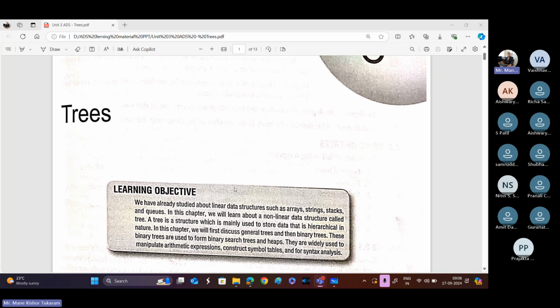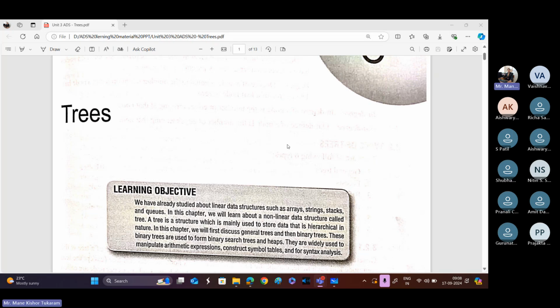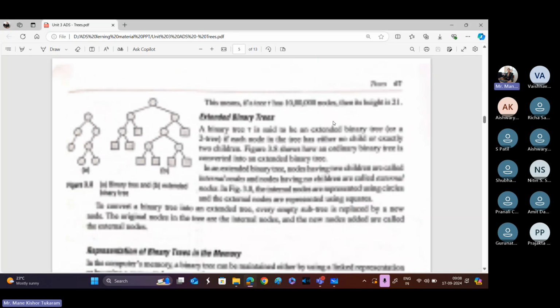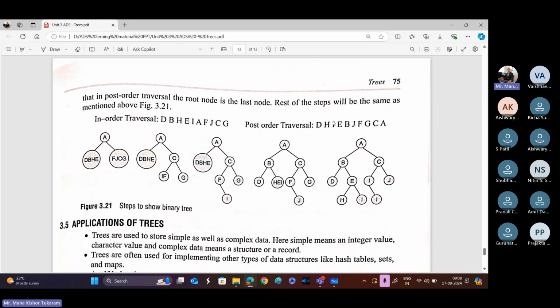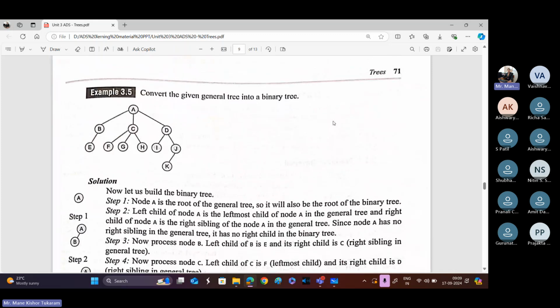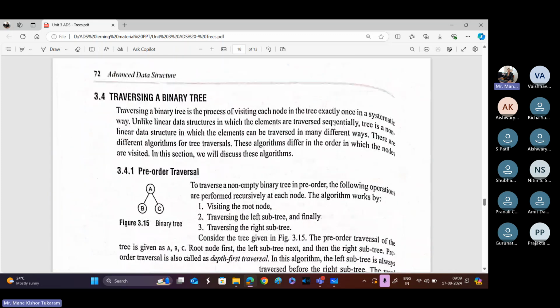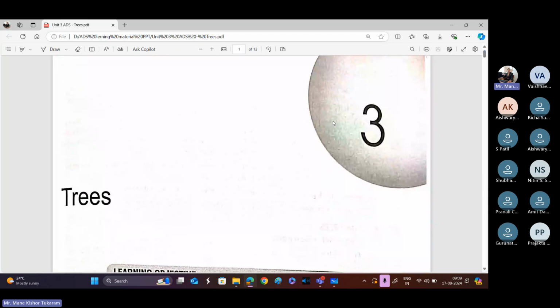The different concepts related to trees, which types of trees are present inside data structures, and then we discuss the details of how to deal with binary trees, how to represent that tree, the traversals related to trees, and one more, how to convert a general tree into a binary tree. So these are the few concepts related to trees.